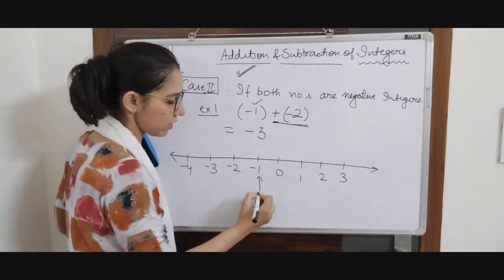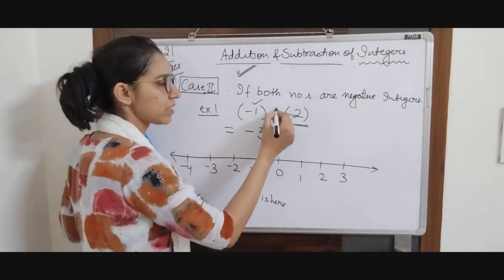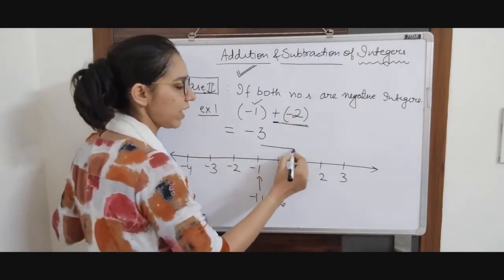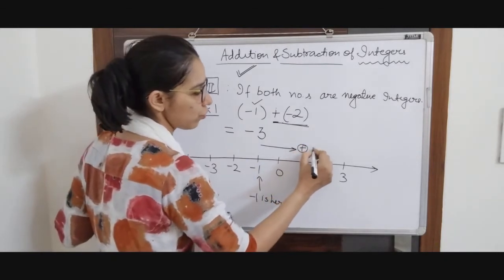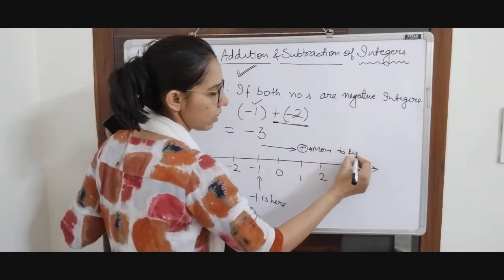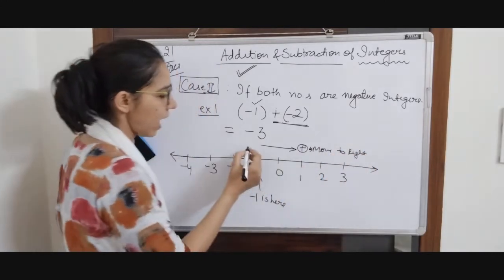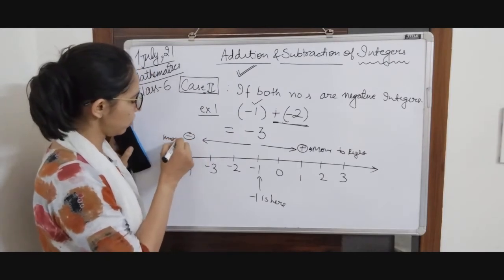Minus 1 is here. And then plus. Plus means you have to move in right direction. And if it is negative, then we will move to left.